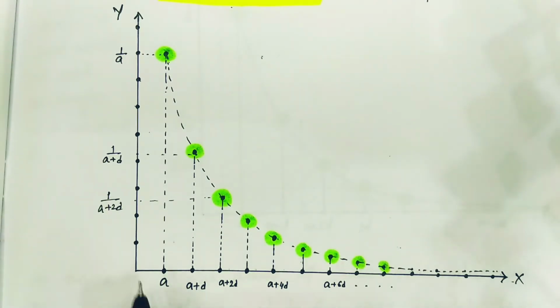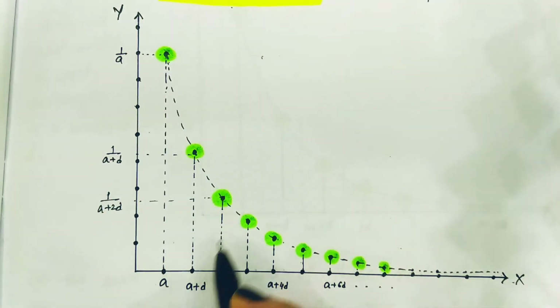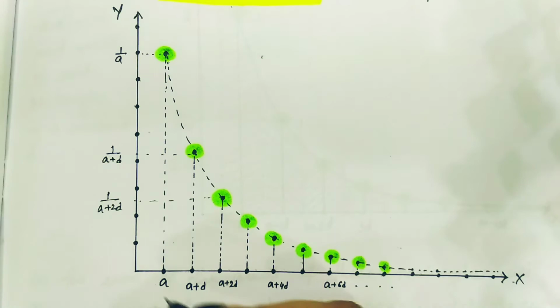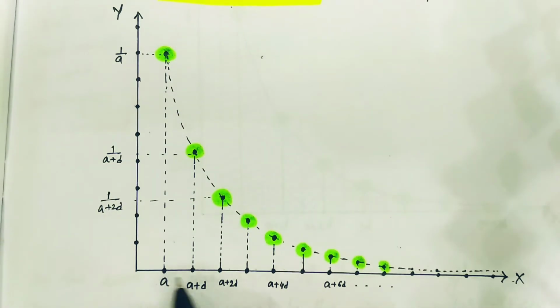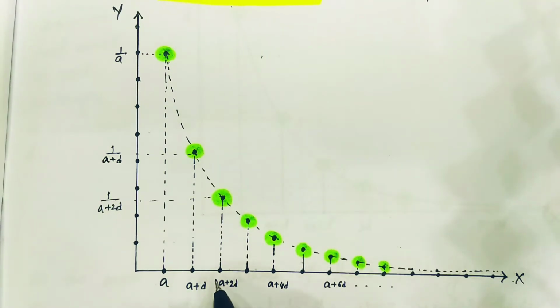So easily we can form a rectangle from each of these with length 1 by a and width d. For the first rectangle the length is 1 by a and the width is d. For the second rectangle the length is 1 by a plus d and the width is d.